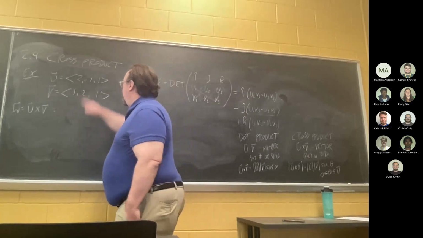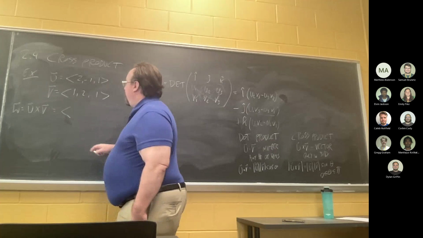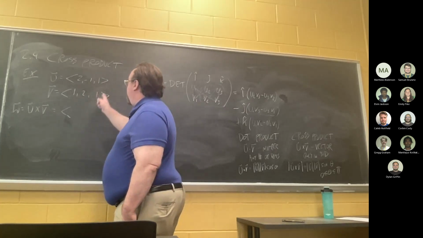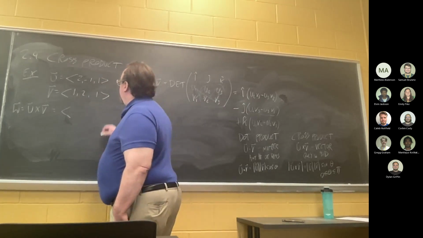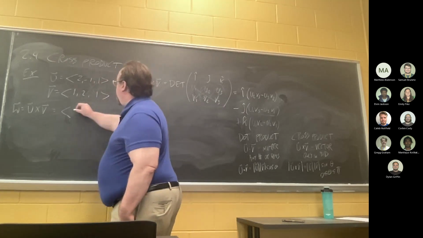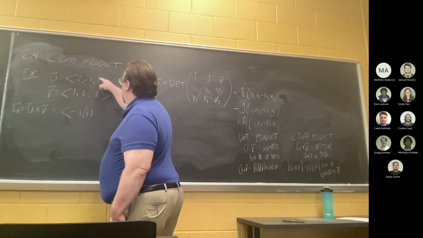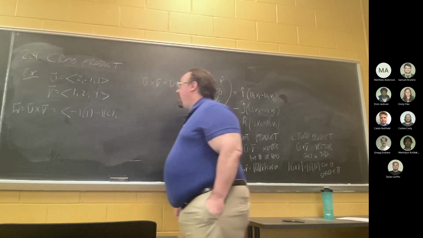Then I see what I'm doing for my two by two determinants. For the first component of a cross product, we're working with the second and third components of U and V, so I can work with these four right here. So I have -1 times 1 minus 1 times 2 for the X component.